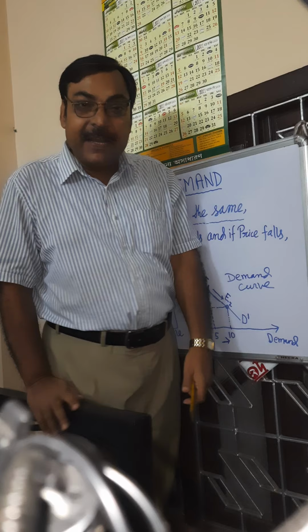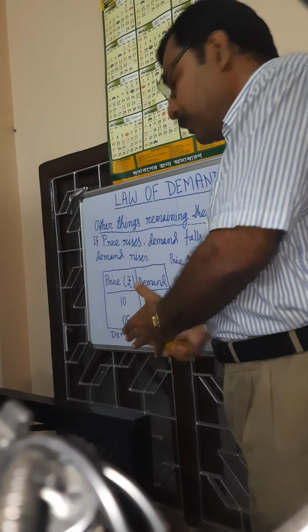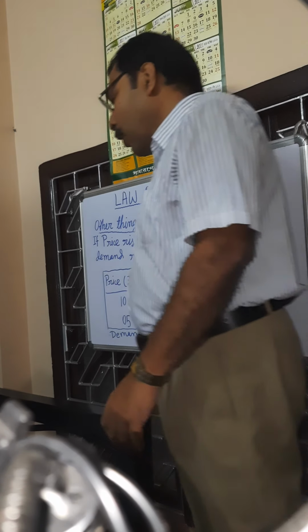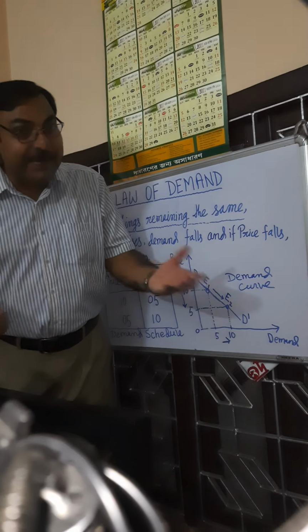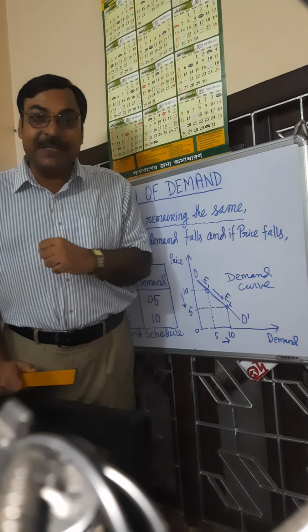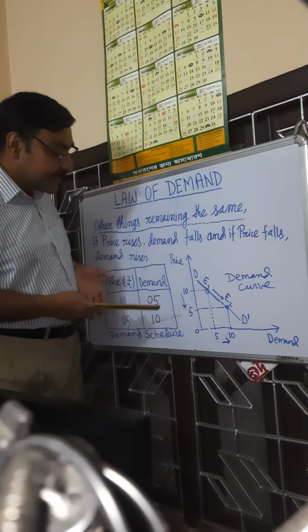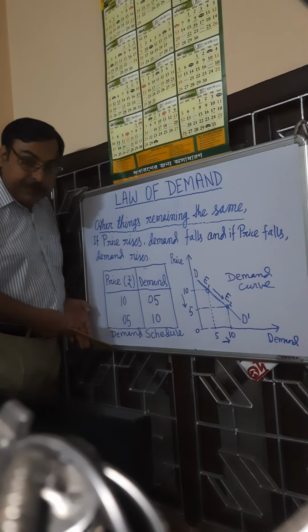This inverse relationship between price and demand may be exhibited by a demand schedule, or it may be represented by a demand curve. The curve is a graphical representation, and the schedule is a representation in tabular form. What is a demand schedule?